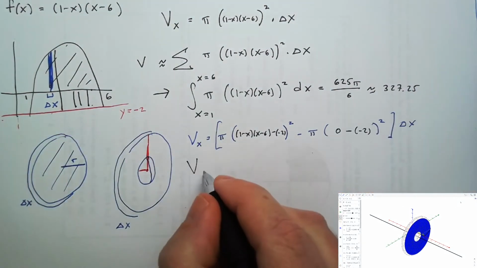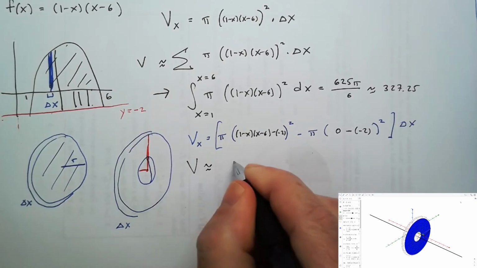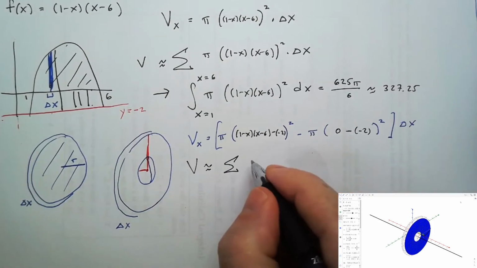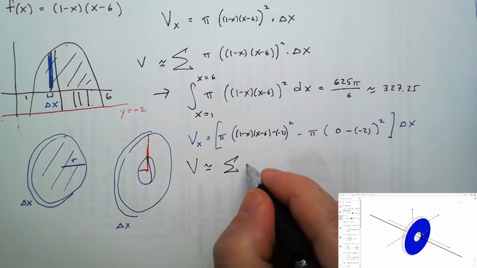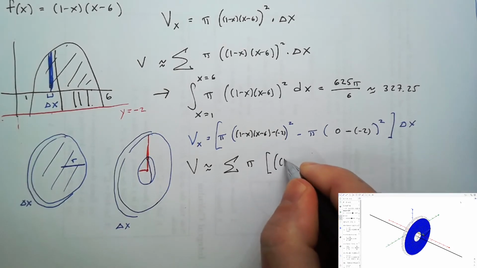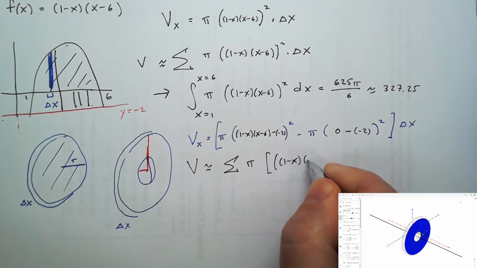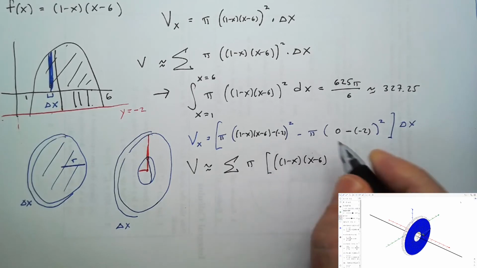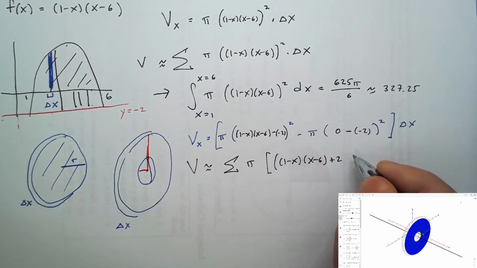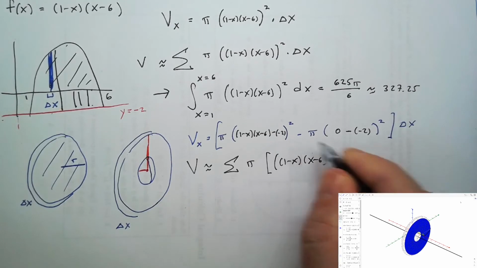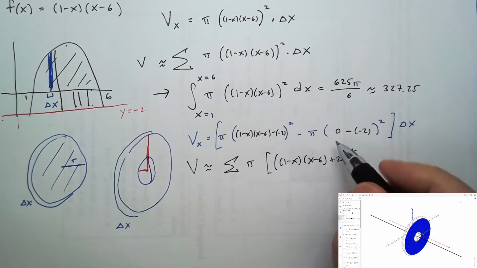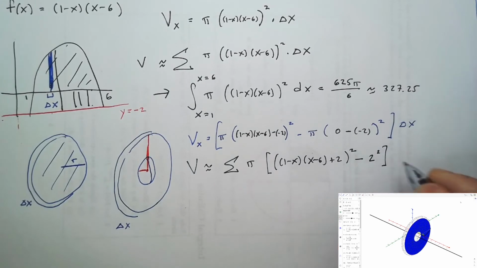Adding up all of these volume slices gives us an approximation of the volume of the object. I'll factor out a pi. So we have the quantity 1 minus x times the quantity x minus 6 minus -2, which is +2, squared, minus, we factored out the pi, 0 minus -2 is 2 squared, delta x.